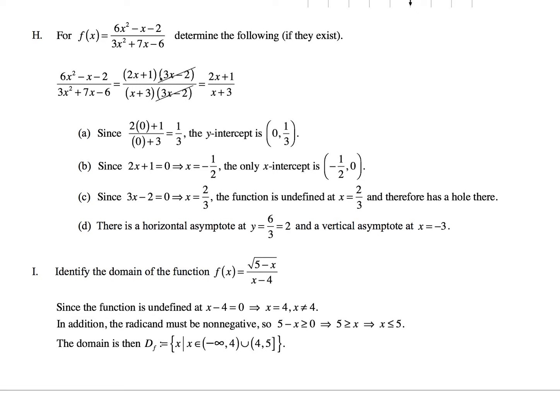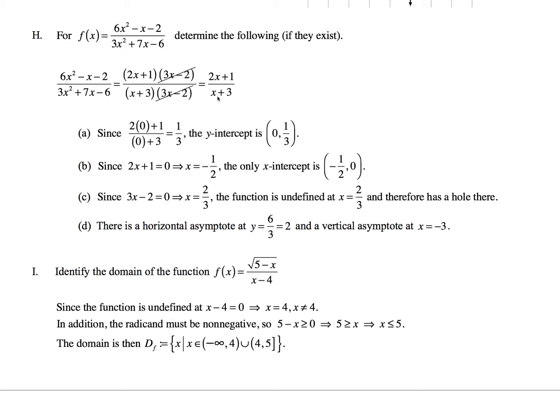Well, 3x minus 2 is a common factor, and so it cancels multiplicatively, leaving the reduced version of the function as this, 2x plus 1 over x plus 3. And that's the version of the function that we use to determine intercepts and asymptotes.